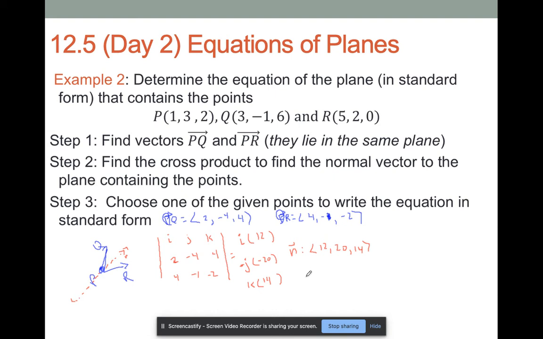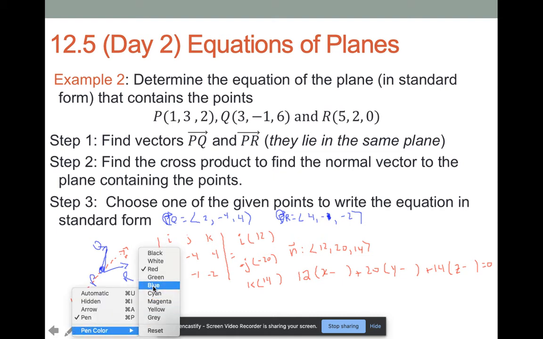Now I'm ready for my standard form. I adjust my standard form of my equation in the distributed form: A times x minus the x coordinate, b times y minus the y coordinate of a point on the plane, and pick any point that you like.